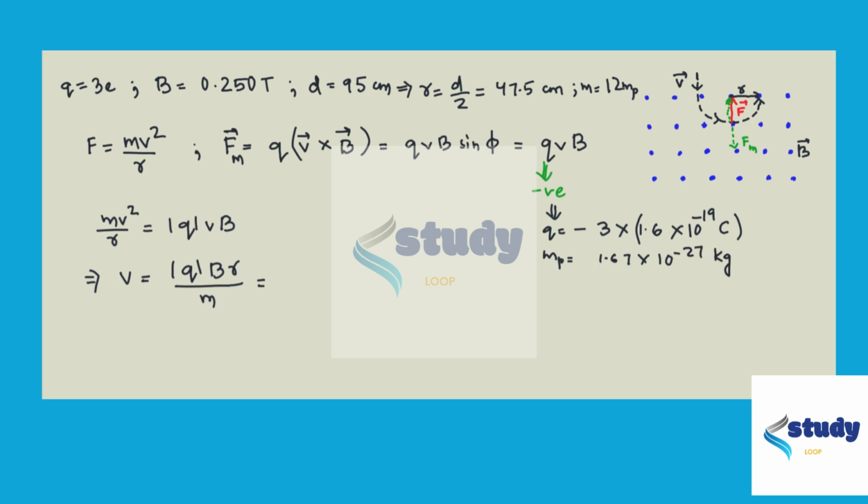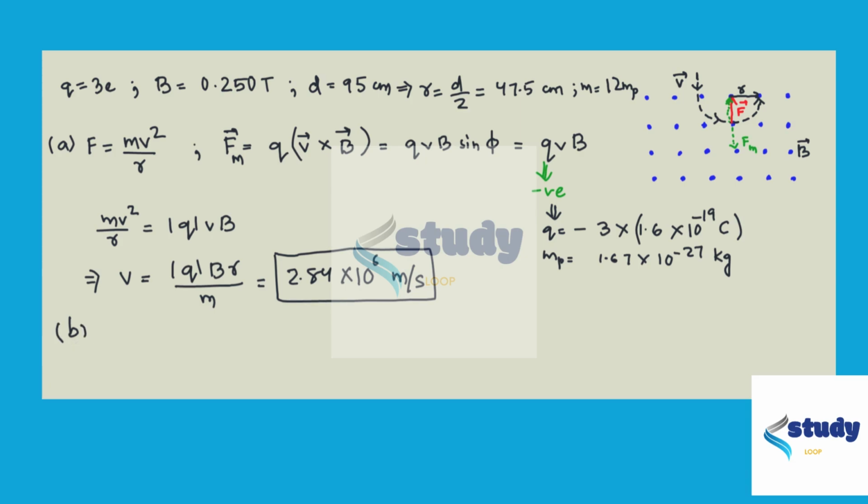So we use this mass and the rest of the values and solve for v, and we get this value to be 2.84 times 10 to the power 6 meters per second. So this is the speed of the particle. This is for part 1, and now for part 2.